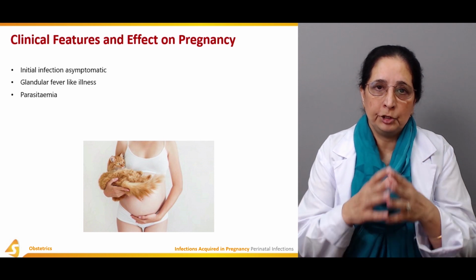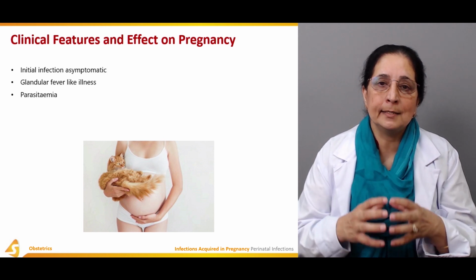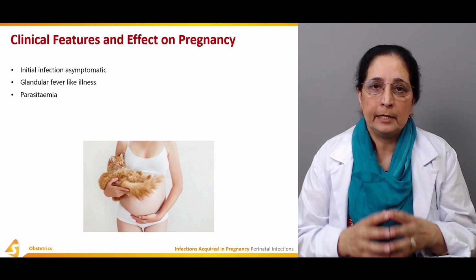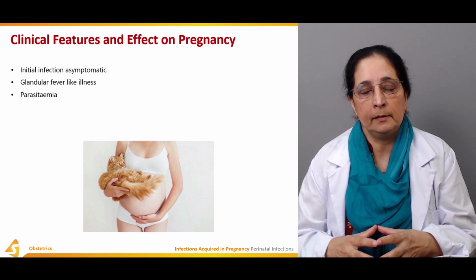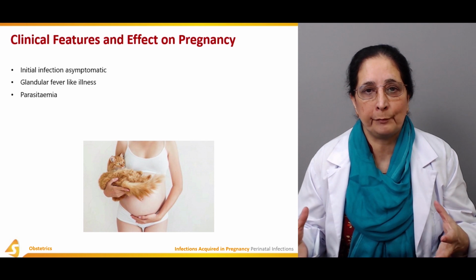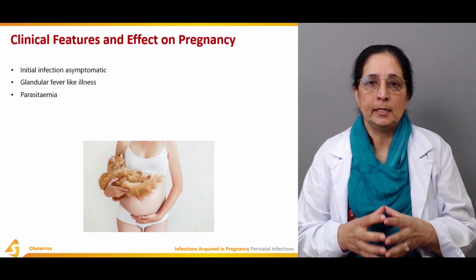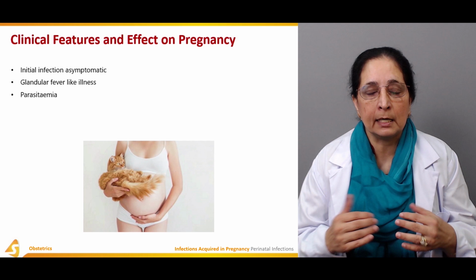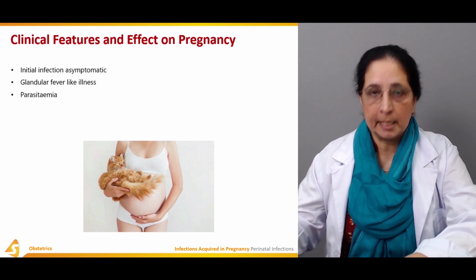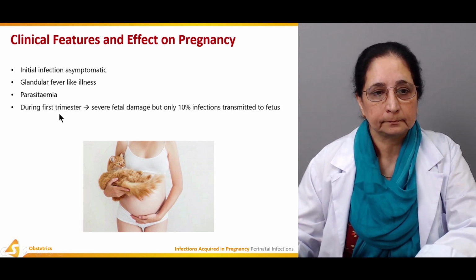As I mentioned in the previous slide, once the cell infected by the parasite ruptures, there is hematogenous spread, and at this stage it's called parasitemia, or spread of the parasite into the bloodstream.